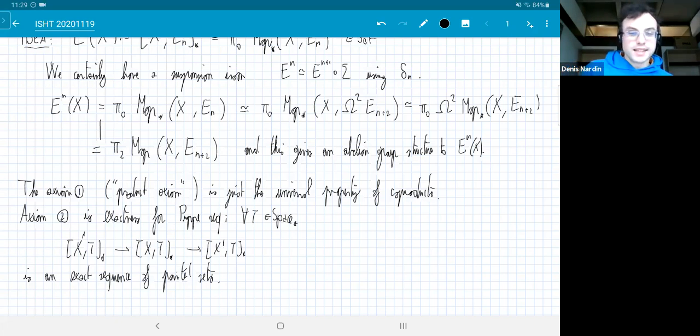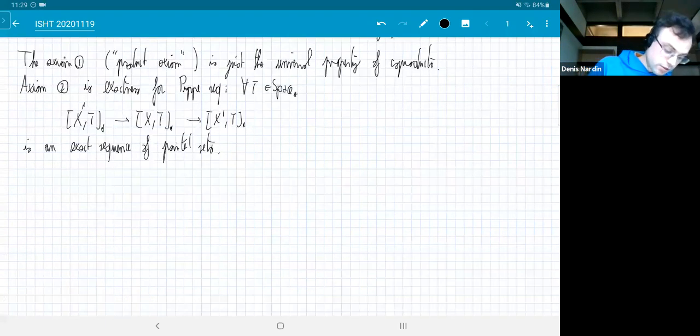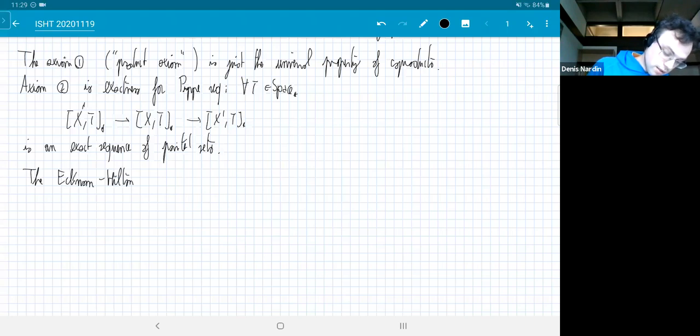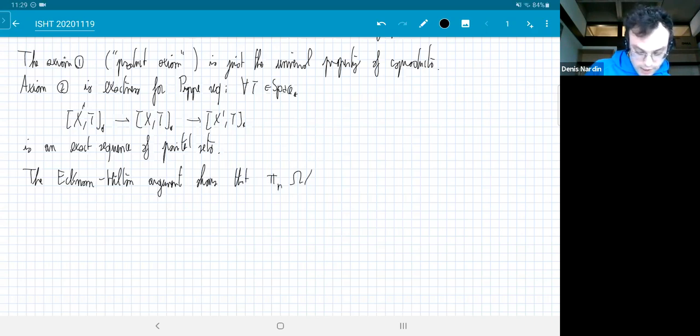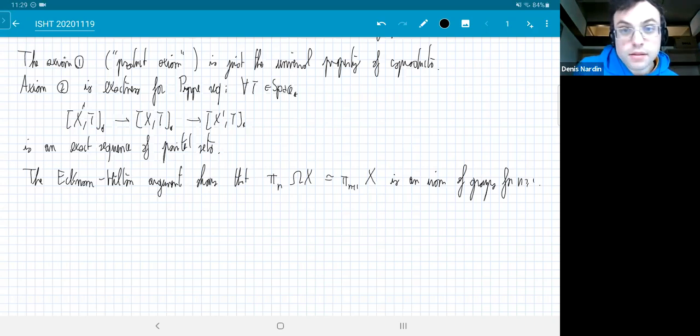I mean, it's the Eckmann-Hilton argument. The Eckmann-Hilton argument that we saw last semester shows that pi n of omega X, equivalent to pi n plus 1 of X, is an isomorphism of groups for n greater or equal than 1.